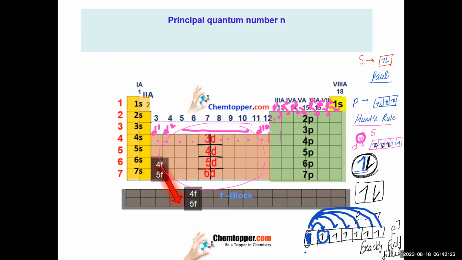So when we have, write down this very important rule. I will be asking you to repeat it again and again. When there is exactly half filled, the way I have made this, P or D or F. I'm not talking about S. I'm talking about PDF because they have degenerate orbitals.